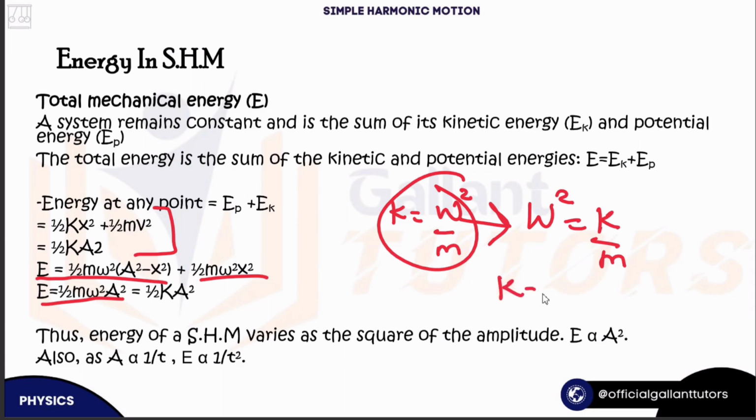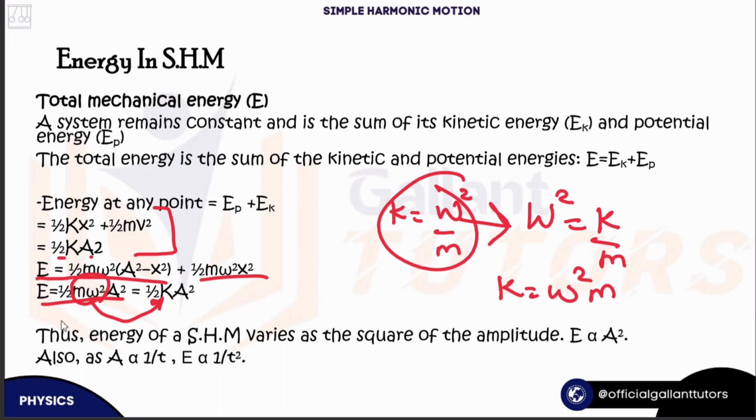So now K is equal to W square M. Clear? W square M. So I can change this and replace it with just K, and I'll still be correct. So that's why I said straight up that total energy is half Ka square, without any deliberation.